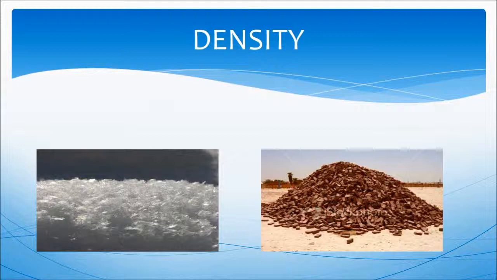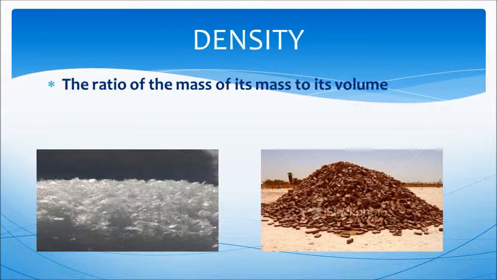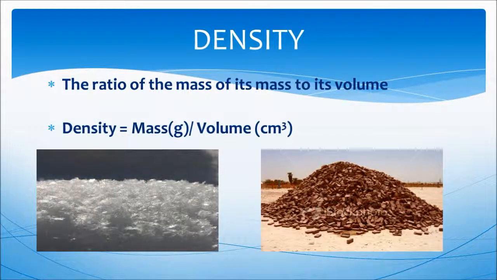However, a ton of feathers may be less dense than a ton of bricks and gives the impression that a ton of bricks would be heavier. Density is the ratio of the mass of an object to its volume, and we calculate density by dividing mass by volume, and typically the unit of density is grams per cm cubed.